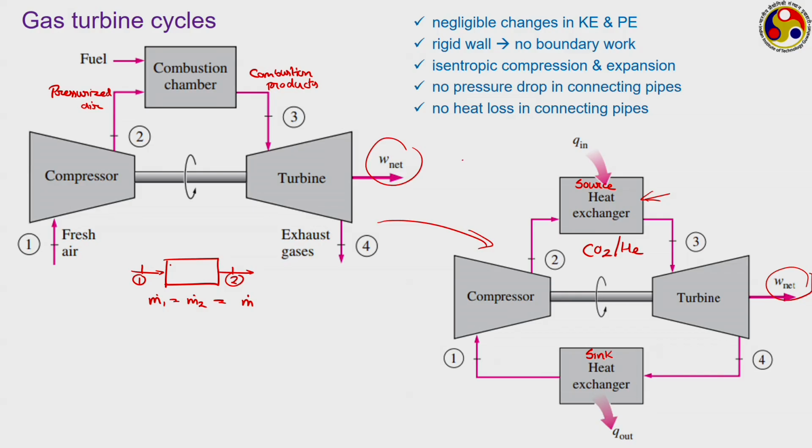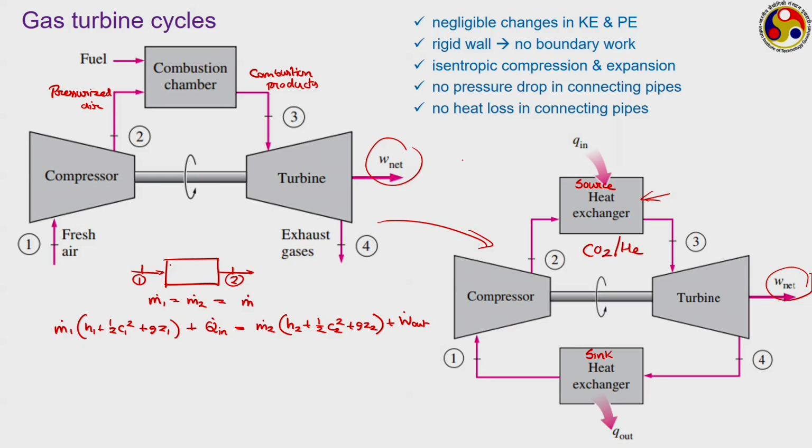Now, we apply the first law of thermodynamics for an open system on this. So, m dot 1 into (h1 plus half c1 square plus gz1) plus the amount of energy received by this is equal to m dot 2 into (h2 plus half c2 square plus gz2) plus w dot out, where as per our convention we are considering heat supplied to the system as positive and work done by the system as positive.